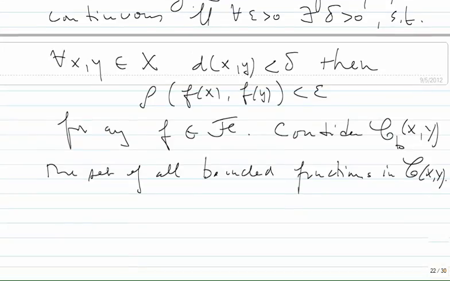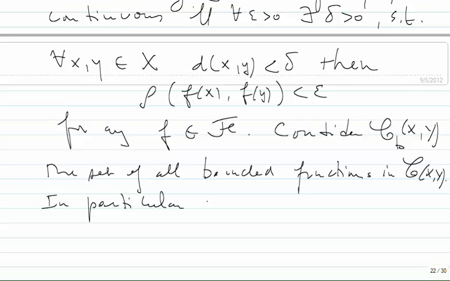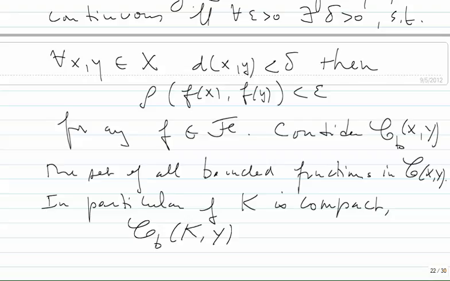In particular, if K is compact, then we can drop the B. C_B(K, Y) is exactly C(K, Y), because any continuous function defined on a compact set will be bounded.